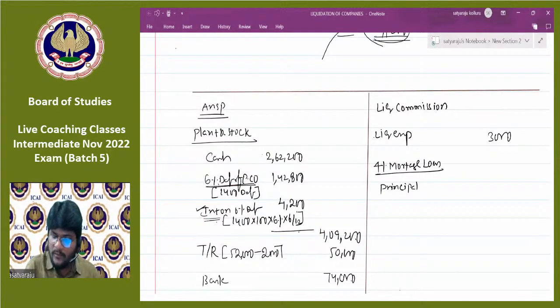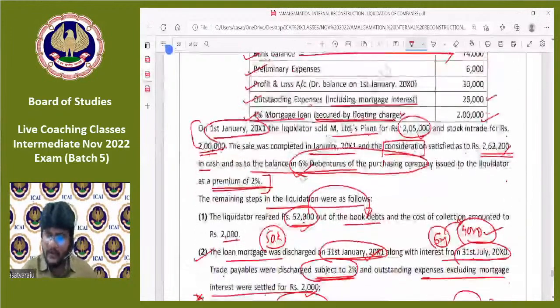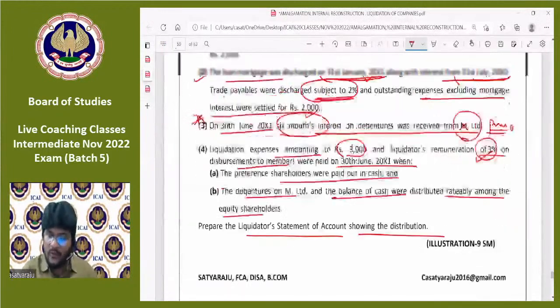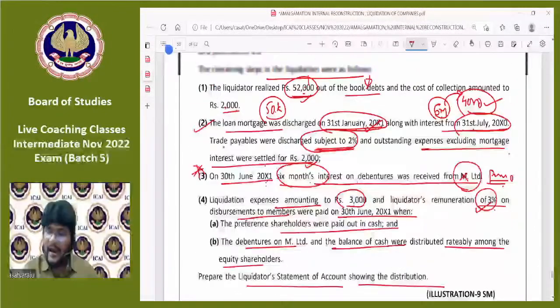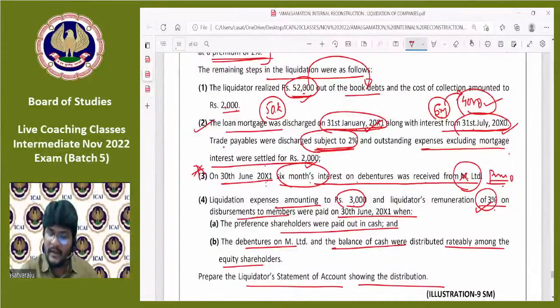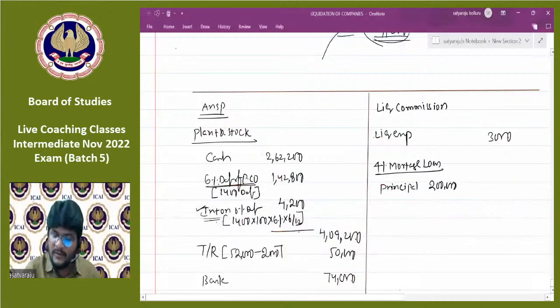No doubt about it. And it was also clearly given that interest on that mortgage loan was also discharged as on 31st July 2010. With interest we are discharging. So on that 6 months interest, 2 lakhs into 4% into 6 by 12, which was 4,000. The total amount was 2,04,000.